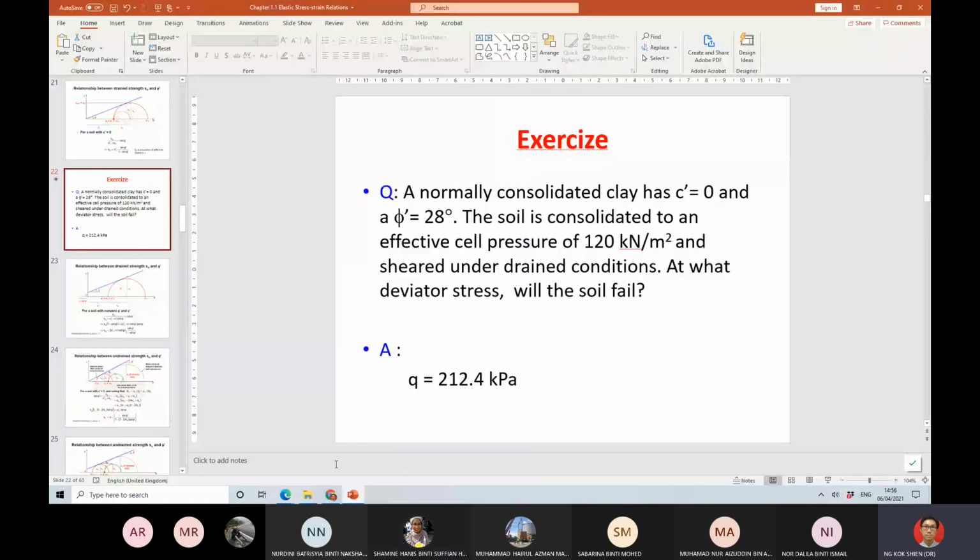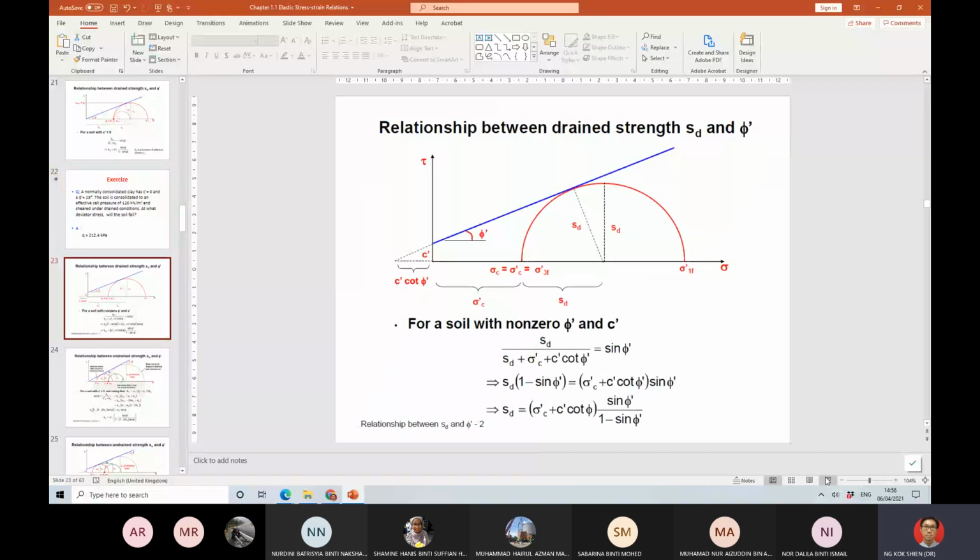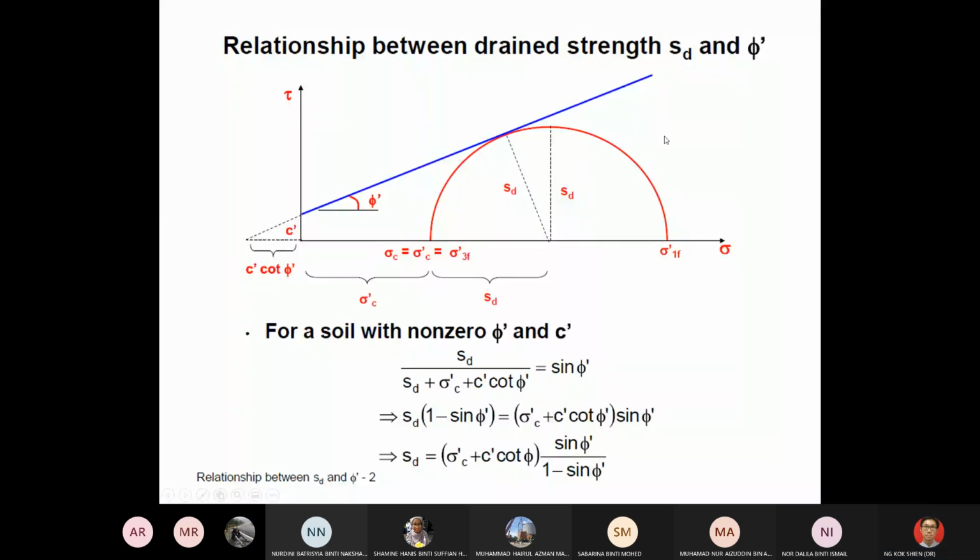Okay, now we move to another case, the same drained strength, but this time we have the C prime term, the cohesion term. So sine phi equals SD divided by the whole part here. We have three components: C prime times cotangent phi prime, plus the cell pressure sigma C, plus the SD, the drained strength.